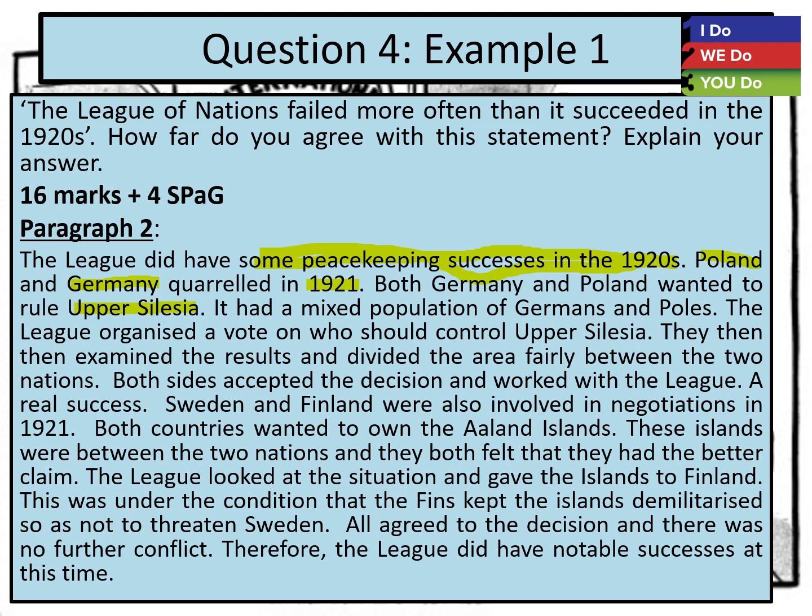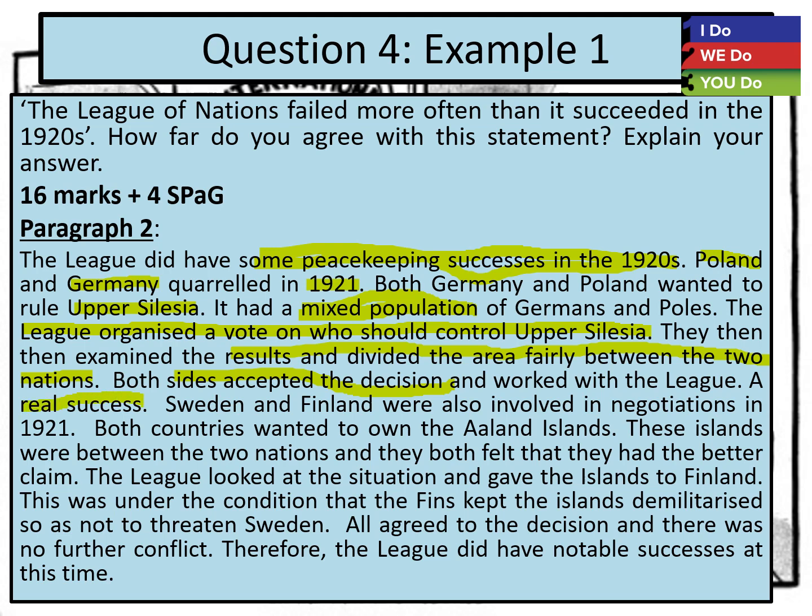It had a mixed population of Germans and Poles. This was an area that was quite difficult to decide. Should it be Polish or should it be German? The League organised a vote on who should control Upper Silesia. They then examined the results and divided the area fairly between the two nations. Both sides accepted the decision and worked with the League, a real success.